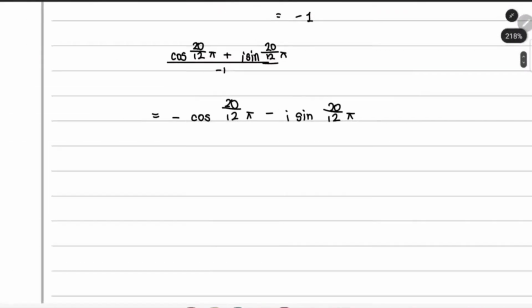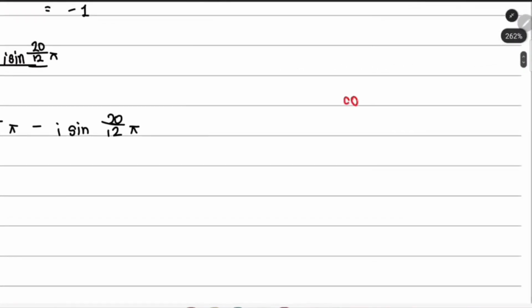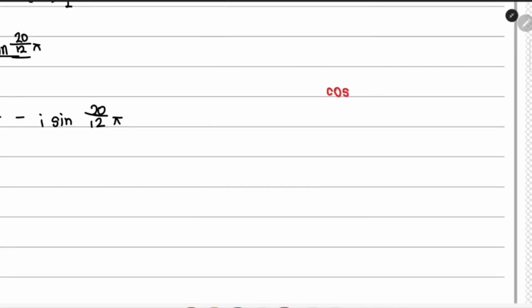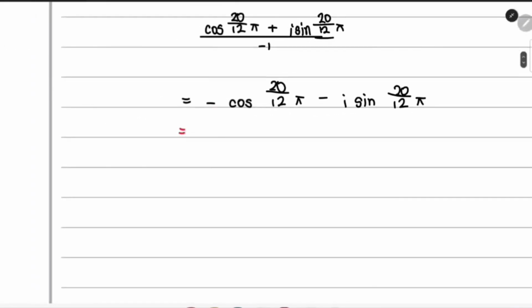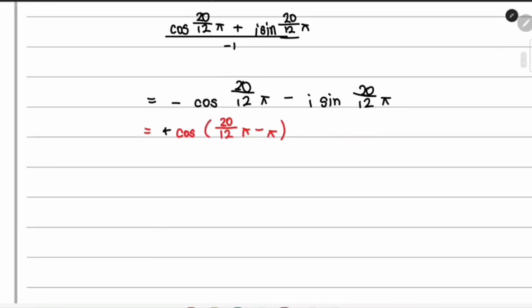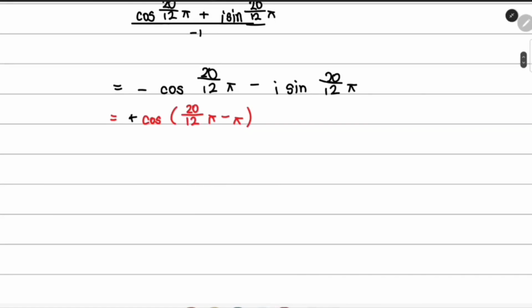So if I notice over here, we have this rule. Cos theta minus pi is the same as minus cos theta. So this can be written as cos 20 by 12 pi minus pi. You have a minus here and a minus from this, so this becomes a plus. And for sine 20 by 12 pi, we can do the same thing.